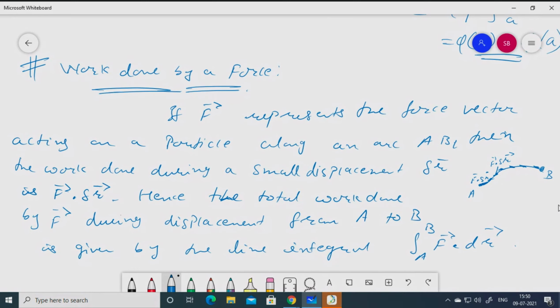Here f bar represents a vector function, so the result of this line integral will be the work done by a force. Got it, all of you? Yes, ma'am.